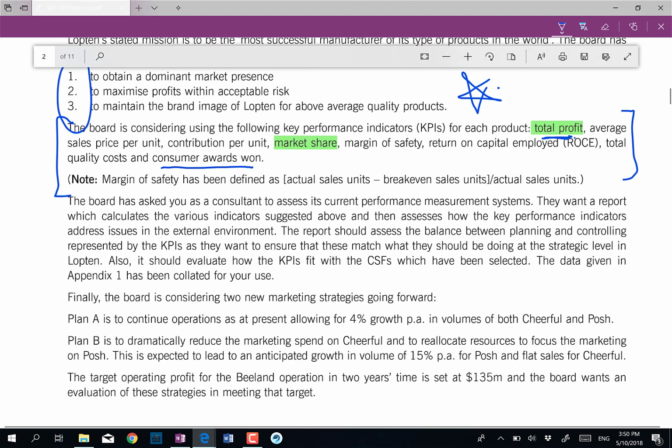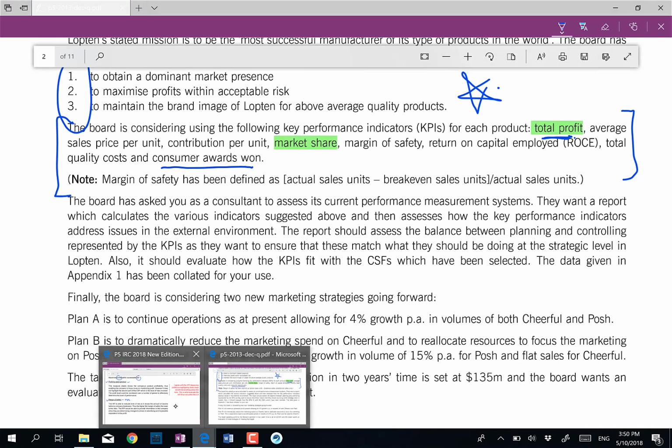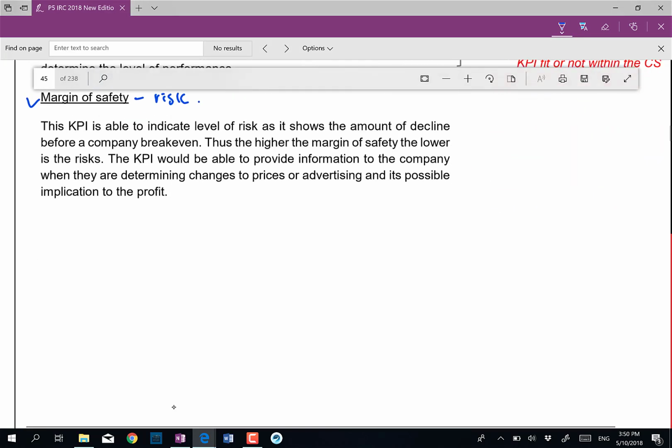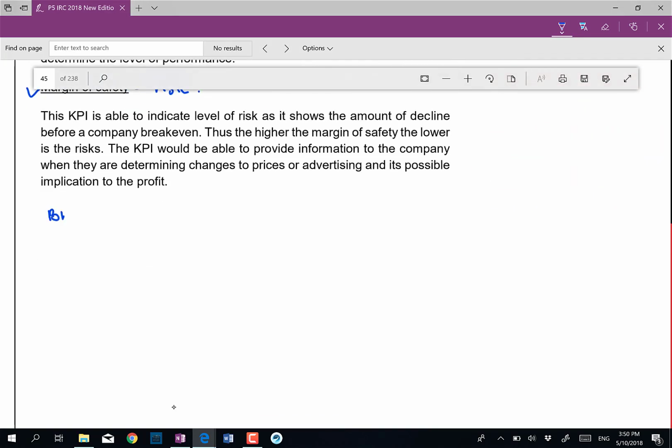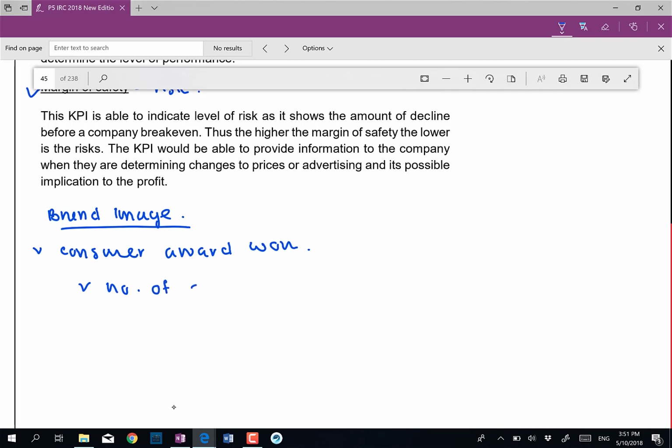Okay, so maintain brand image. Now, you can actually use consumer awards won, because the number of awards shows the popularity of Lopten.